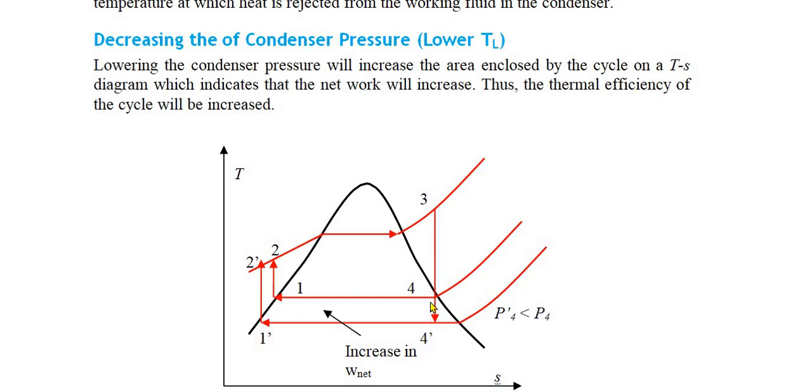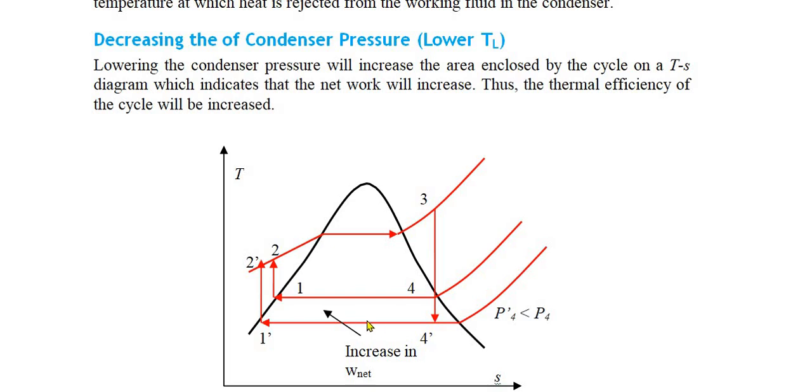If you see, the pressure P4 is greater than P4 dash, because these lines are constant pressure lines. So by decreasing the condenser pressure, the expansion continues till 3 to 4 dash.